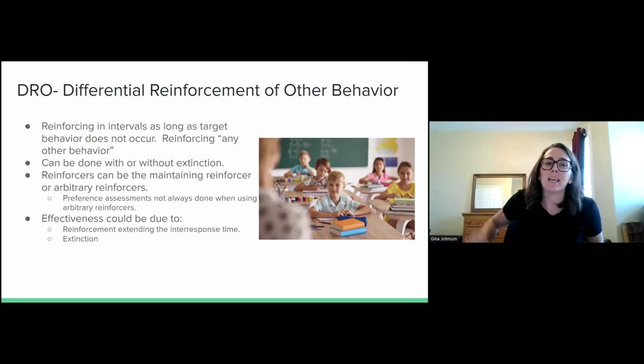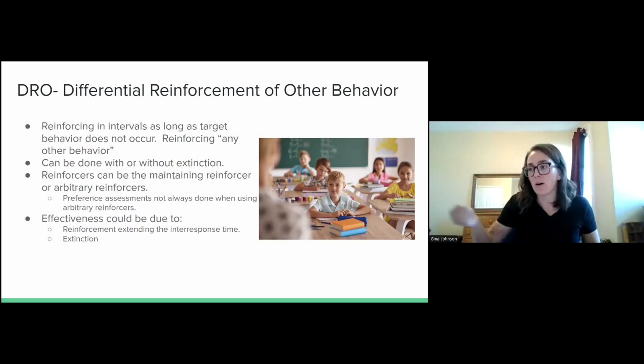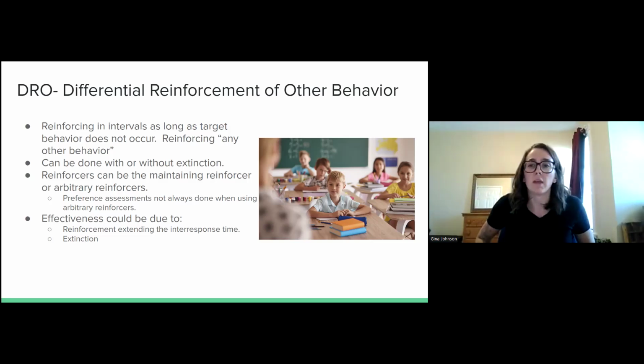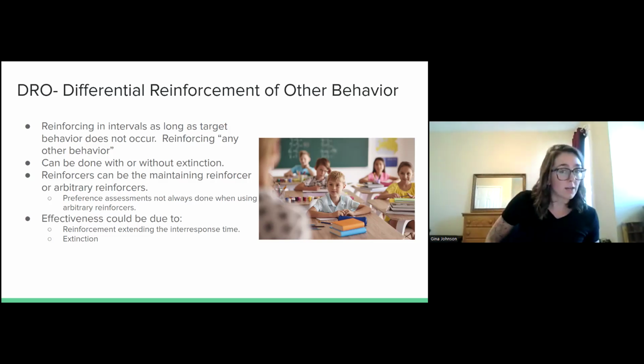So this is, again, intervals. Typically we pick some interval that is less than the current frequency of the problem behavior. And we say, if you make it 5 minutes without exhibiting this behavior, you access that reinforcer. Again, this can be done with the maintaining reinforcer or arbitrary reinforcers.